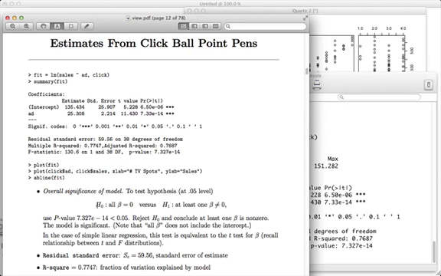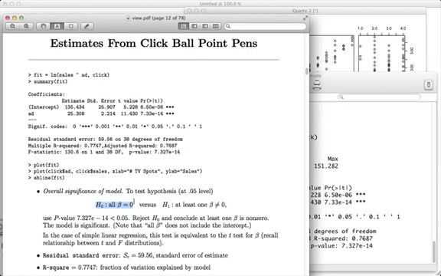The overall significance of the model really asks the question, do any of my predictor variables explain why? The way to state this in a hypothesis is the null will be all my betas, and in this case there's only one beta, the beta for advertising, is equal to 0.